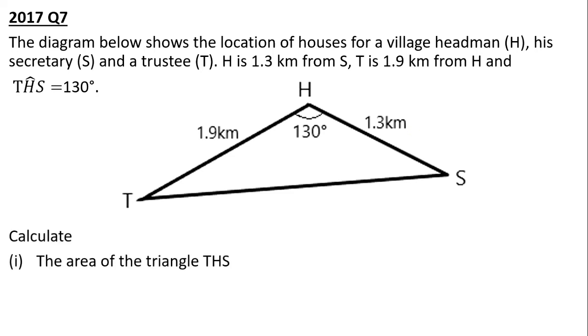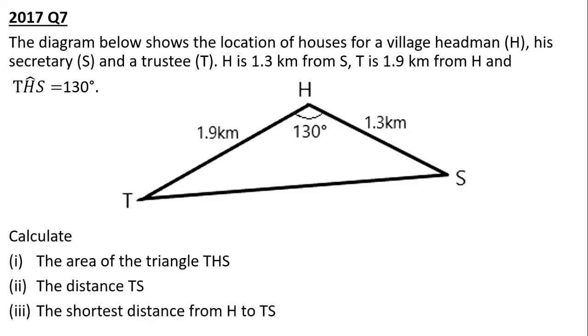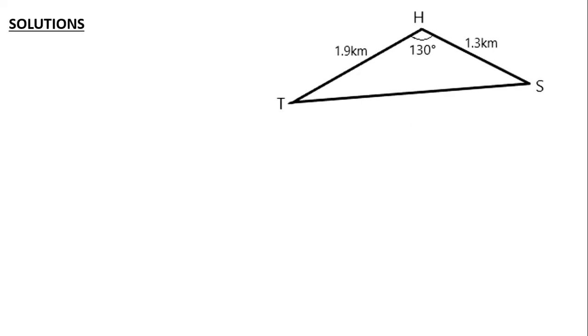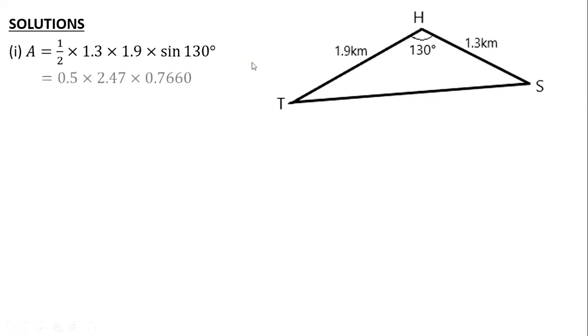Calculate the area of the triangle THS, the distance TS, and the shortest distance from H to TS. So we'll calculate the area. We'll say A equals half times 1.3 times 1.9 times sine 130 degrees.